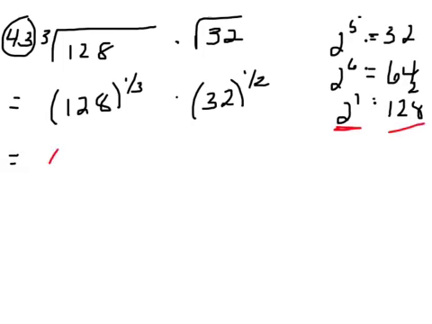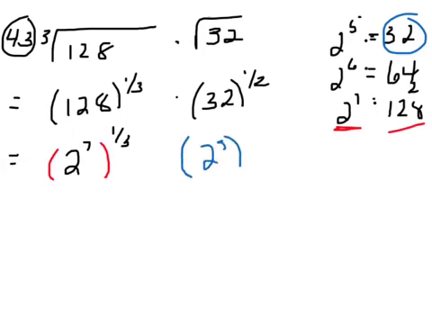What I'm going to do is get both of these in the same base. I want to rewrite this as 2 to the 7th raised to the 1/3 power. So I've got a base of 2. Do you also notice that 32 could be rewritten as 2 to the 5th? If we can rewrite these with the same bases, then we can combine them using these fractional exponents.